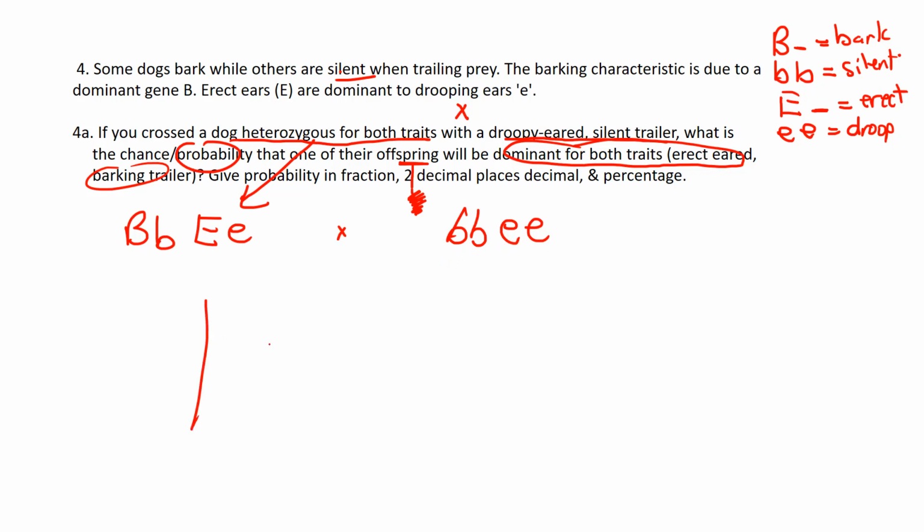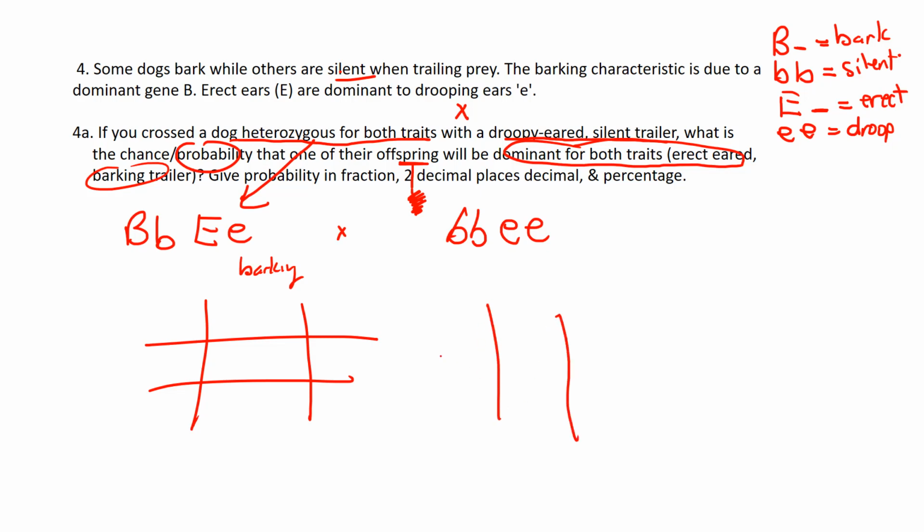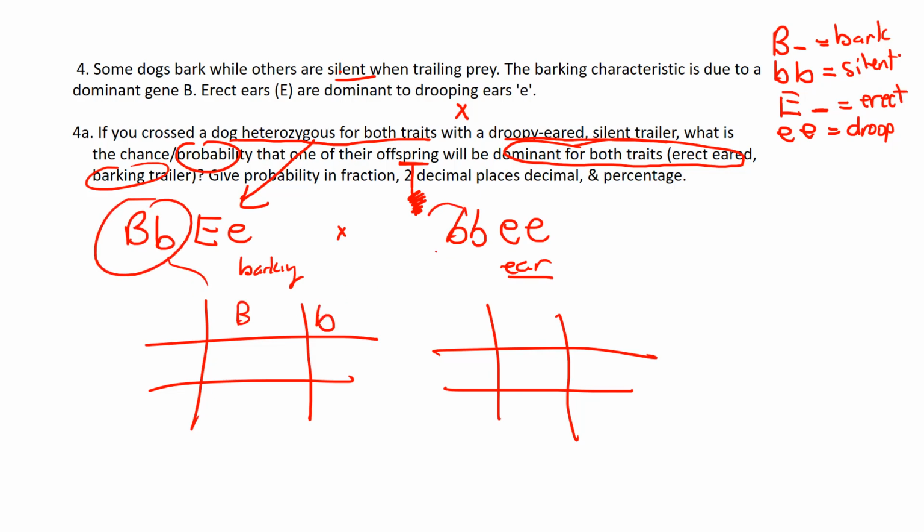So isolate that into two monohybrids. Let's put the barking first, and then let's put the ears second here. So take that, put it down the top, take that, put that down the side, bring it together, and you're going to see very quickly that it's a 50-50.